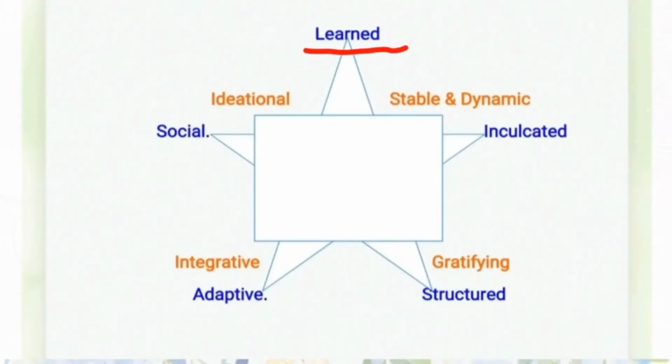The second thing is that culture is social. That means humans can learn culture only within society. The different ideas they share, the cultural knowledge, and the beliefs that are shared within a society make culture a social thing. The next is that culture is inculcated.